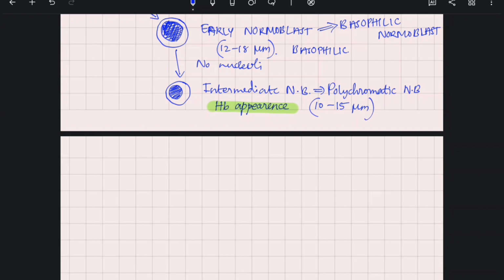Okay, so coming to the next stage. So here in the intermediate normoblast, what is the main important part we mentioned? Hemoglobin appearance, the first appearance of hemoglobin. And from the polychromatic, it will come to this orthochromatic or late normoblast.